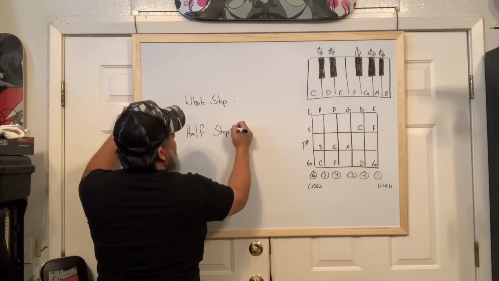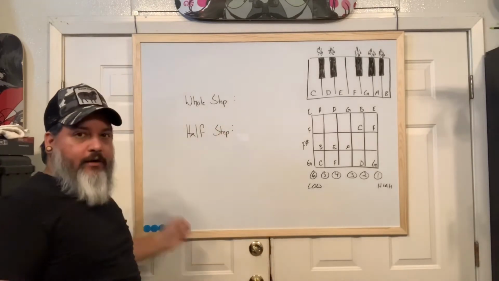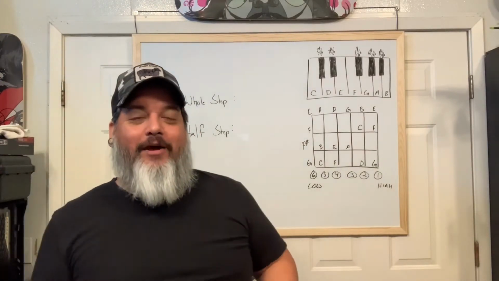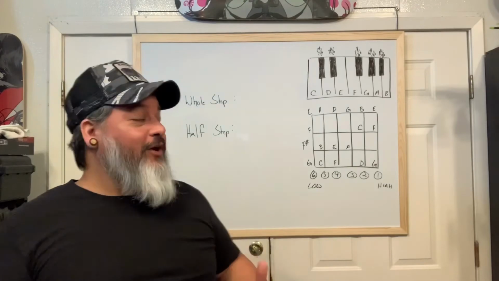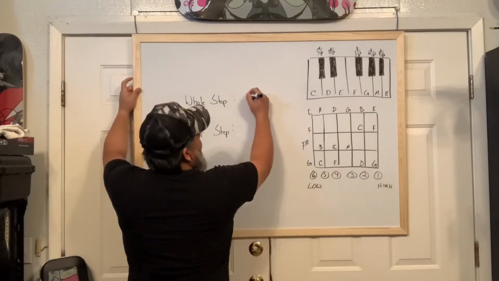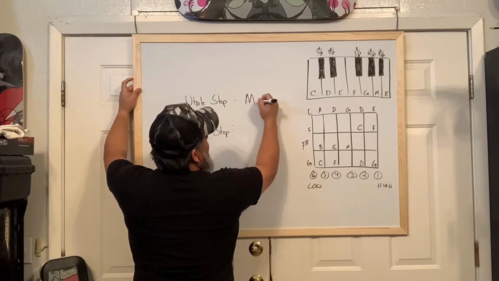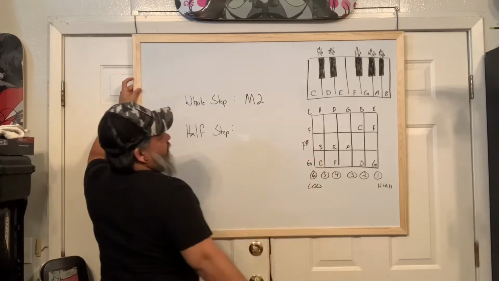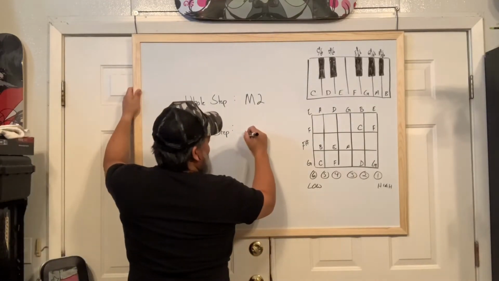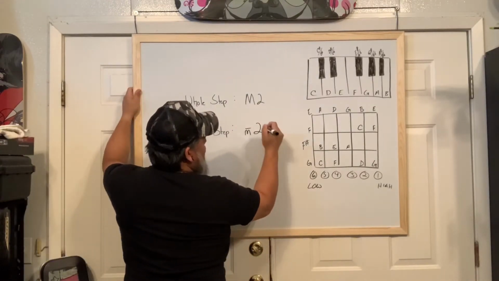The synonyms are, you guessed it, major second and minor second. So for whole step, we're going to say that this is a major second. And for half step, we're going to say that it is a minor second.